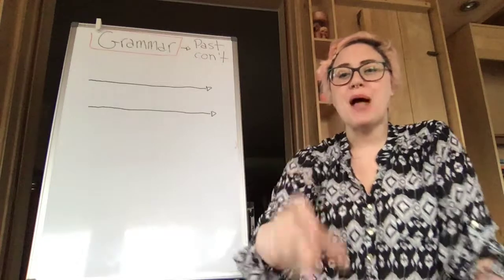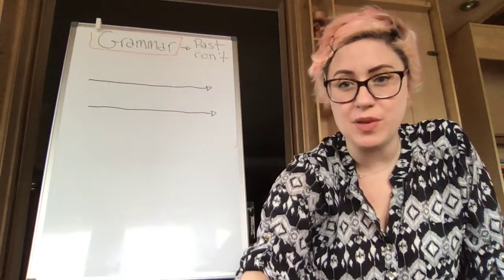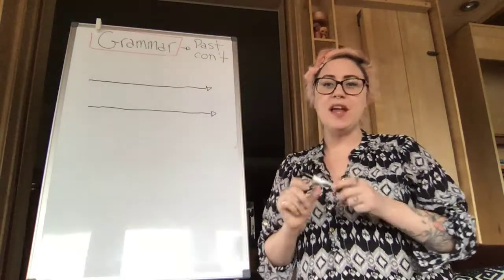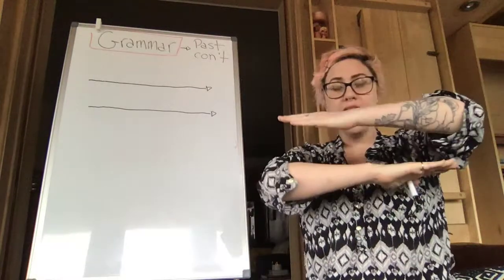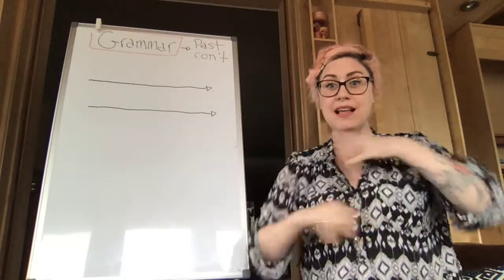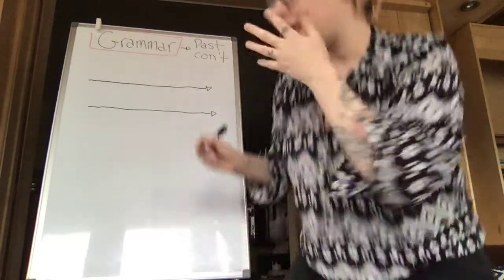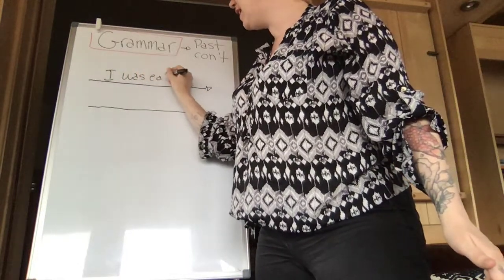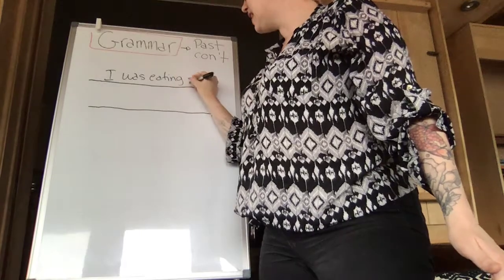Okay, the past continuous has relationships with other tenses. So in the first example, this is when two long actions are happening at the same time in the past. So, for example, I was eating snacks.